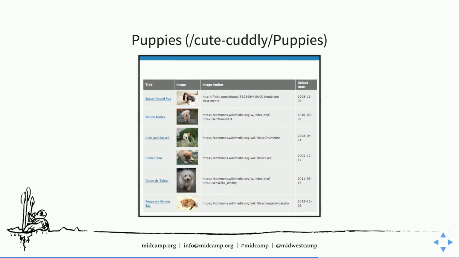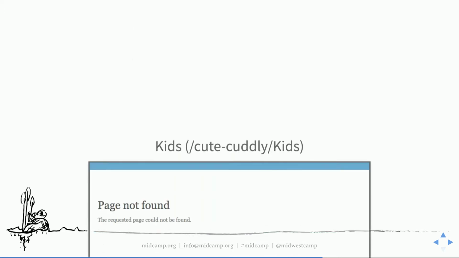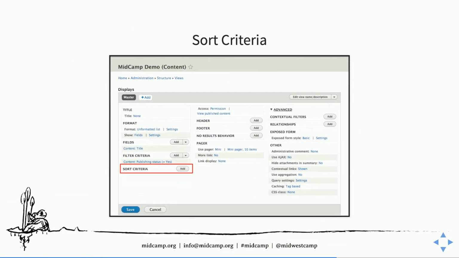There really isn't any apparent ordering to here. It's not date, it's not title. You can't order by picture if it doesn't make sense. It's probably by time the content was actually created, maybe, who knows. So that's without anything selected as sort criteria.